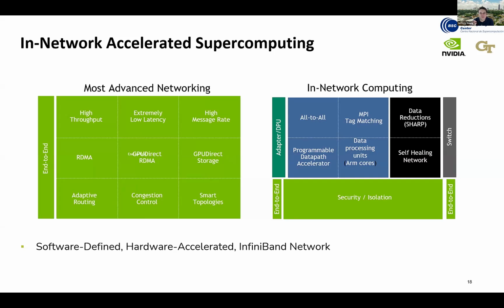There are things like SHARP that are supported in NVIDIA switches. But on the left-hand side, you see generic functionality: this programmable data path accelerator, this inline accelerator, and then some MPI type functionality to support HPC applications and any applications using MPI.